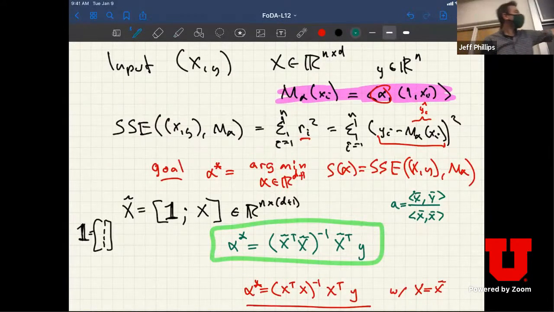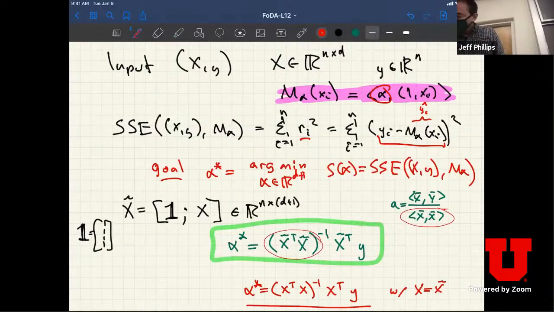There's a very similar thing going on here. This divided by X times X, that's really this term, and the division part is this inverse. Remember, I couldn't divide by a matrix, but I can multiply by its inverse. And so that's what I'm doing here.